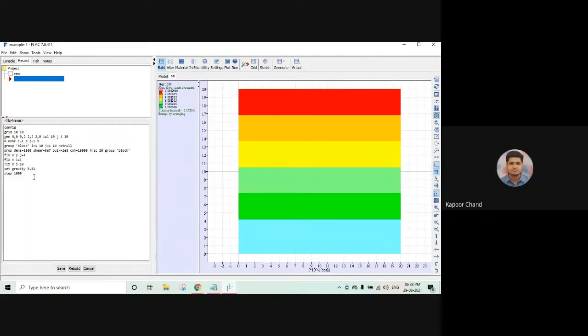Yes, sir. So now you reset, because I want to remove the effect due to the gravity. I want to remove the effect due to the gravity because I will apply some load on this particular block. So reset the deformation, displacement, everything.